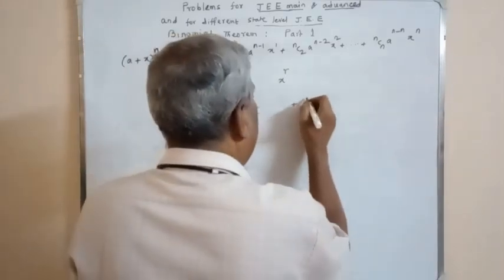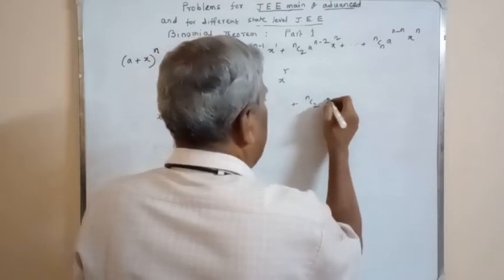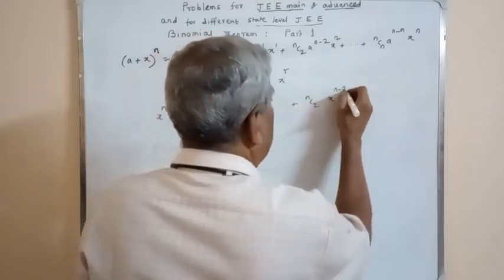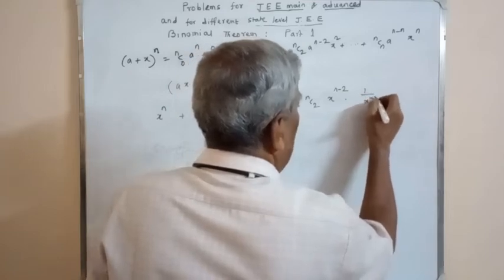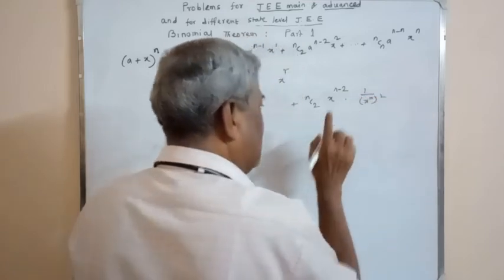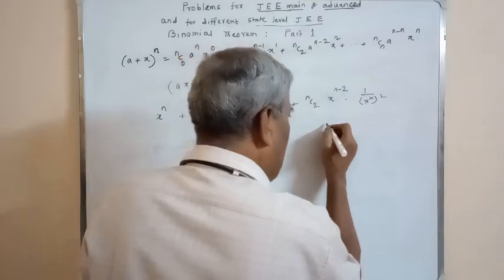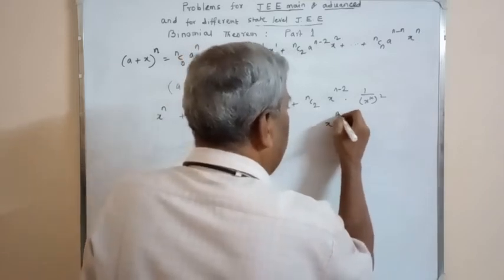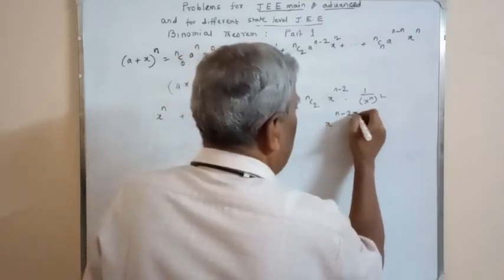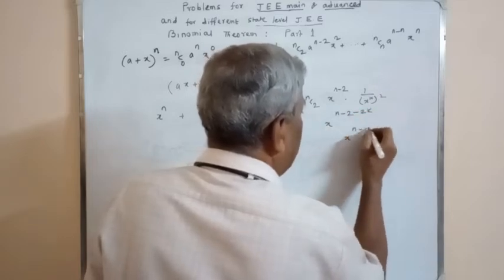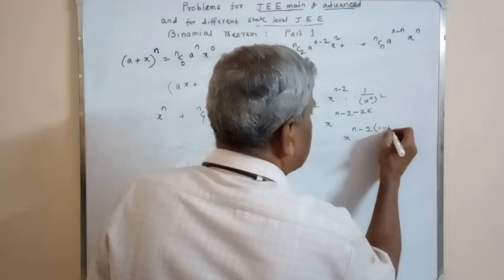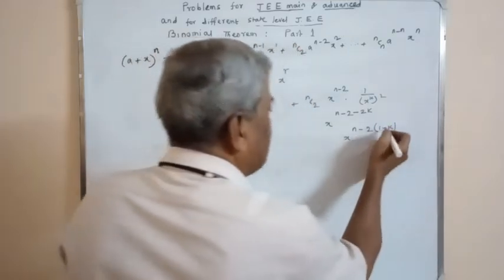The second term will be nC2 x to the power n minus 2 into (1 by x to the power k) whole square, so this term will contain x to the power n minus 2 minus 2k, that is x to the power n minus 2 into (1 plus k).